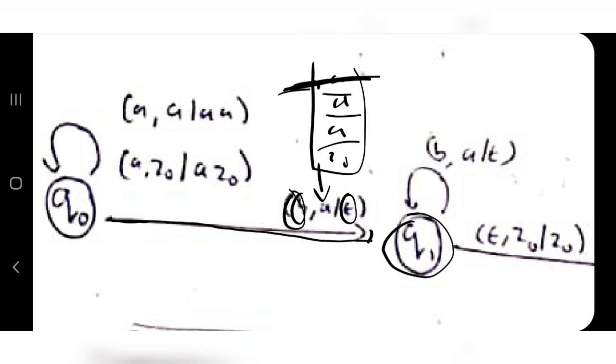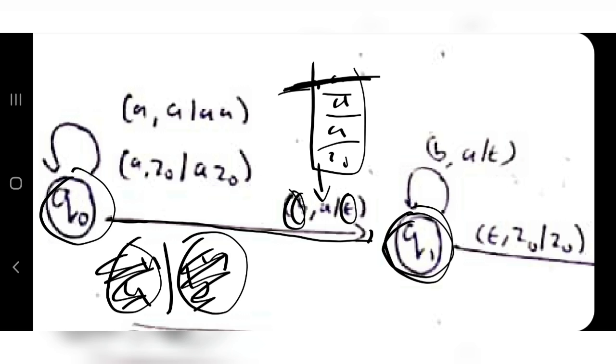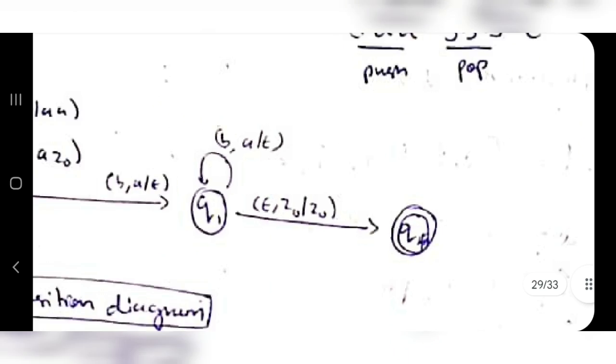It is a power n, b power n, meaning first n number of a's will be over in q0, then in q1 we will do n number of b's. Whenever I get a b and the top of the stack is a, we will pop it, and like that we will keep on doing until I reach z0. If I reach z0, I will move to the final state, which is qf. If I reach qf, that's my final state.